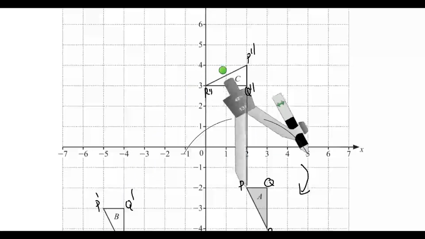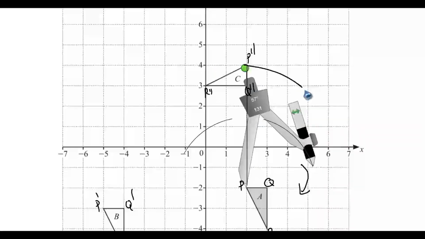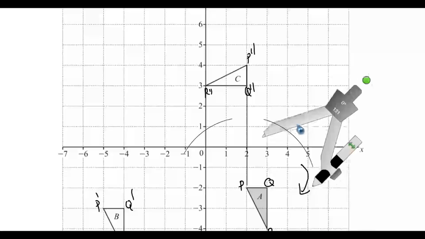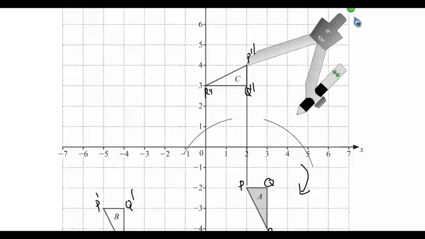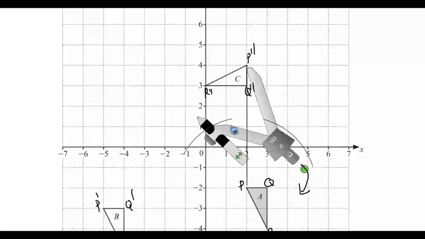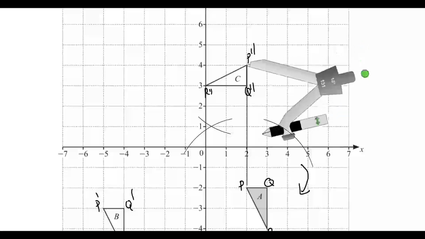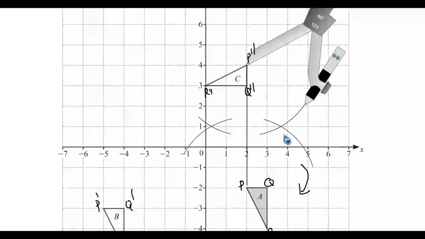With the same radius, we draw arcs up and down to intersect the ones we drew. Then we can join them together. So this will be the perpendicular bisector of the line P and P prime prime.